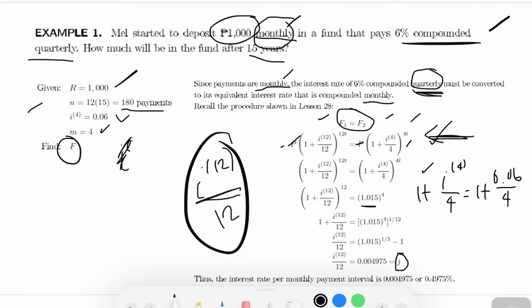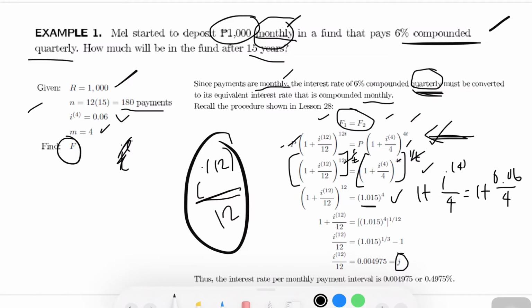Why is it that the 4 remains and t disappears? Because they both have t, so we can raise both sides to 1 over t, and t cancels. So we have this.